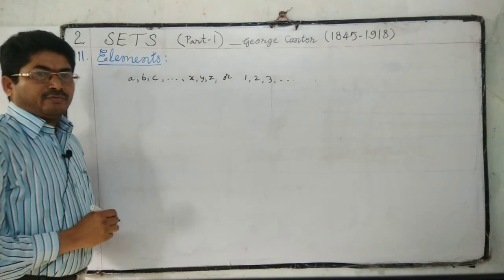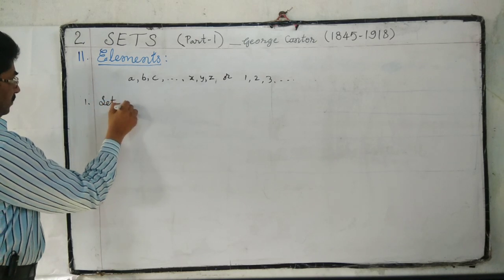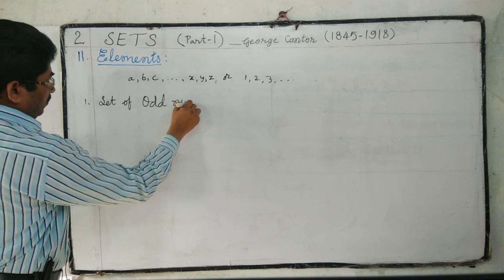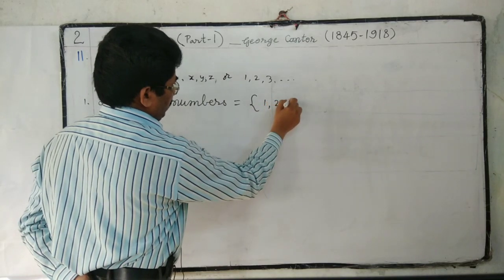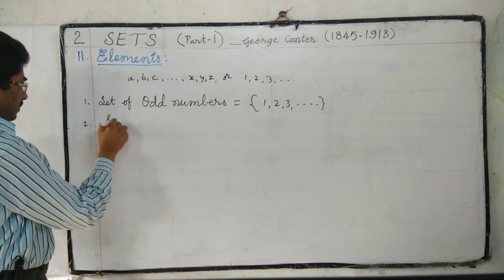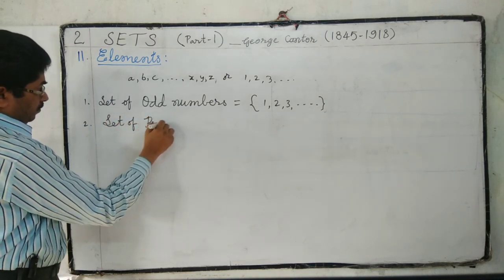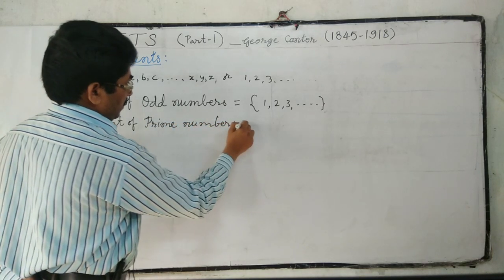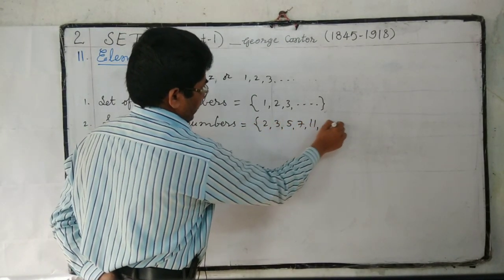Let us see a few examples. Set of odd numbers: 1, 3, 5, and so on. Set of prime numbers: 2, 3, 5, 7, 11, and so on.